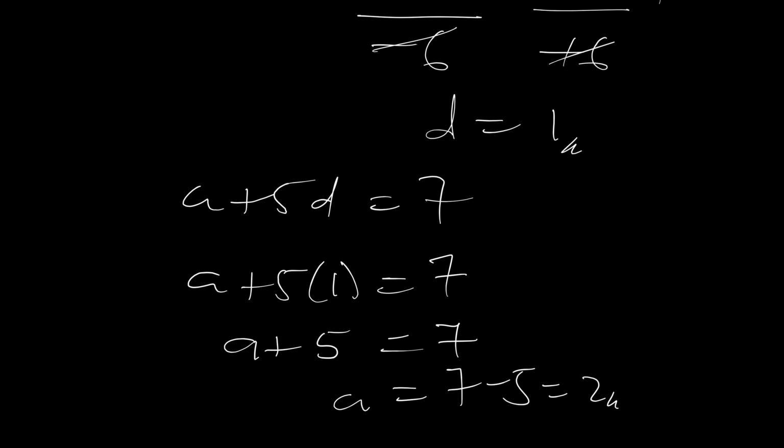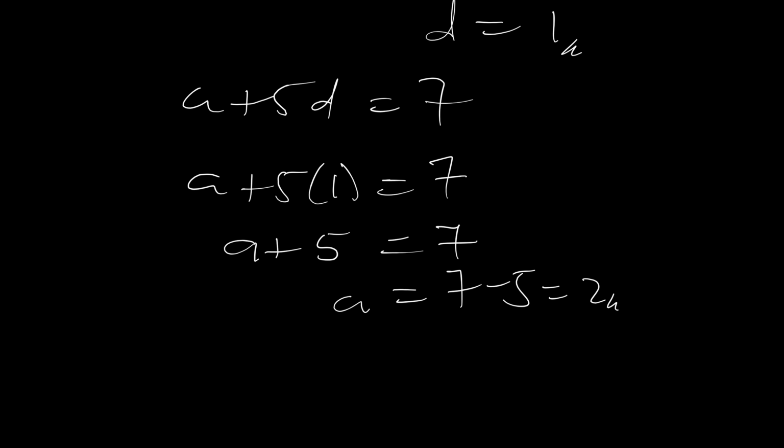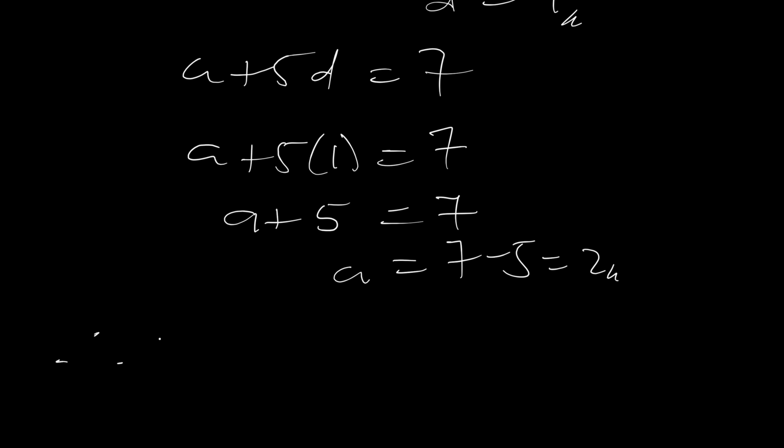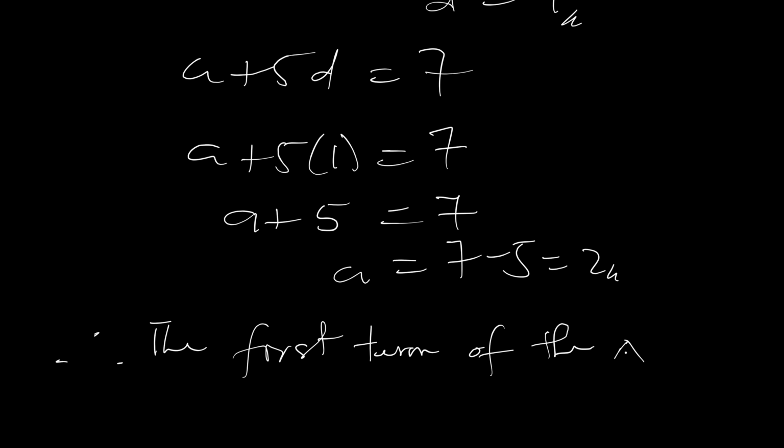So we know that a is the first term of an arithmetic progression. So therefore the first term of the AP is 2. Okay, so this brings us to the end of question 13a.